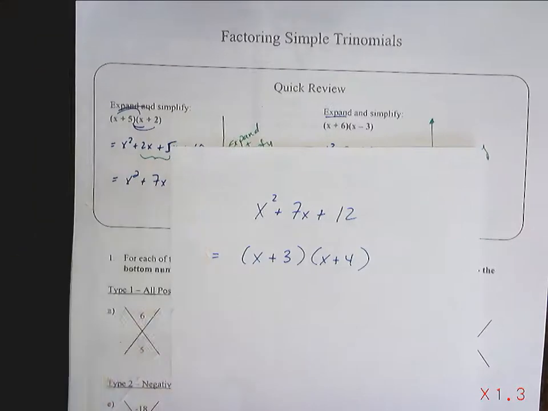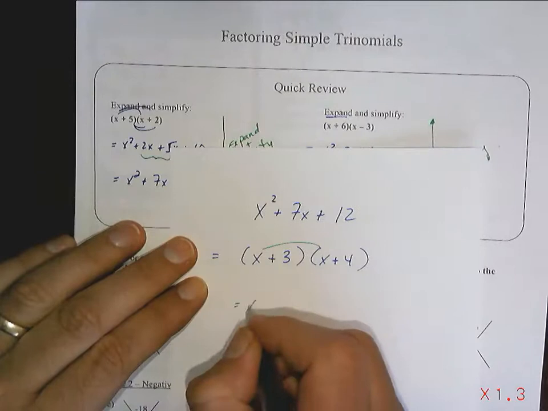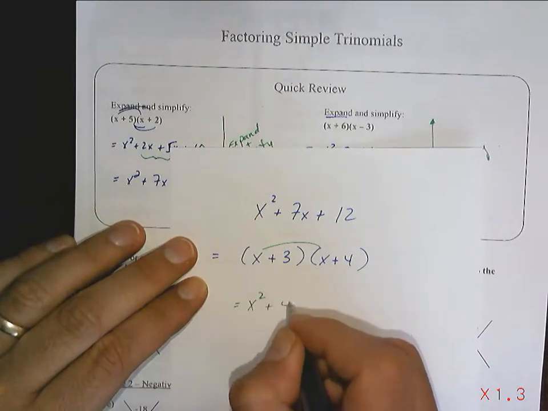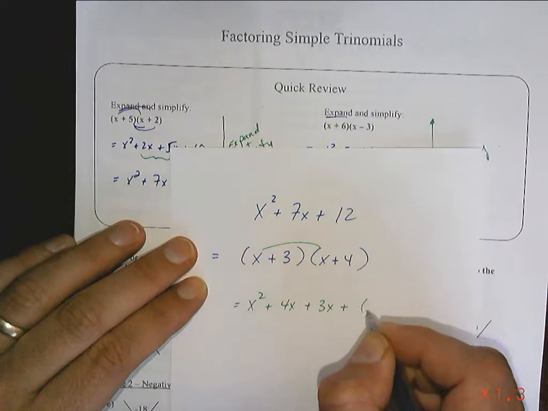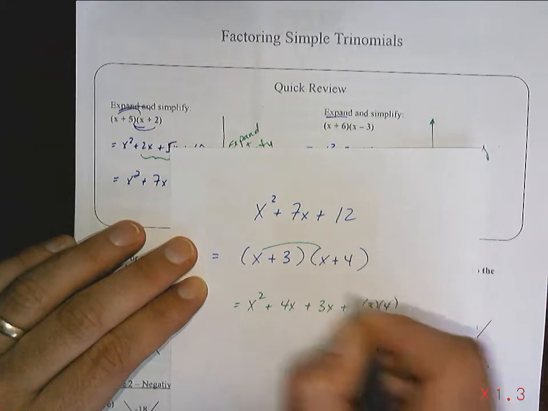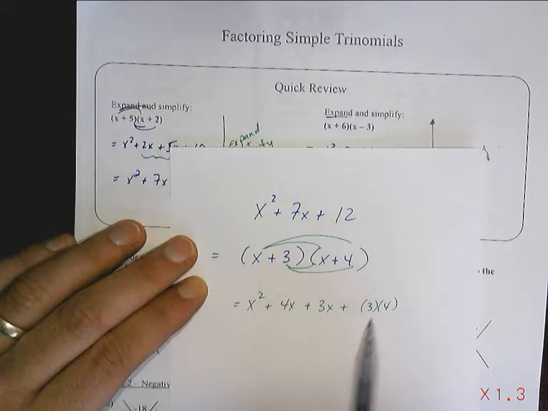Now, I know that. Let's look at what happens when we expand this. That's going to equal x squared plus 4x plus 3x plus 3 times 4. So instead of doing 12, I'm actually going to write out the 3 times 4 because that's what you're doing.